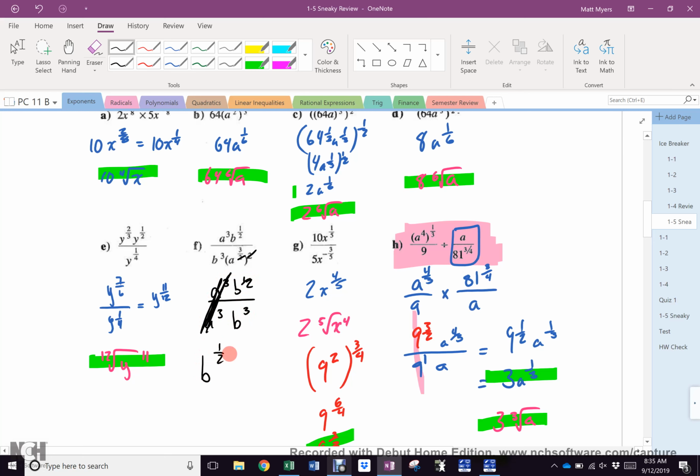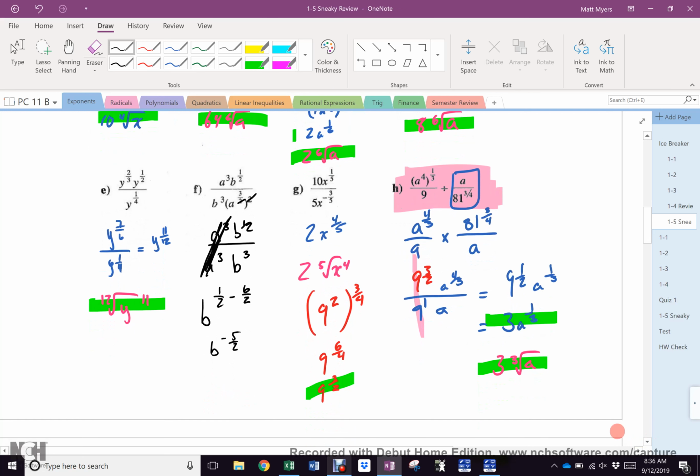B to the 1/2 minus 3 is 6/2, right? 1/2 minus 6/2 is b to the minus 5/2, right? Which is 1 over b to the 5/2.